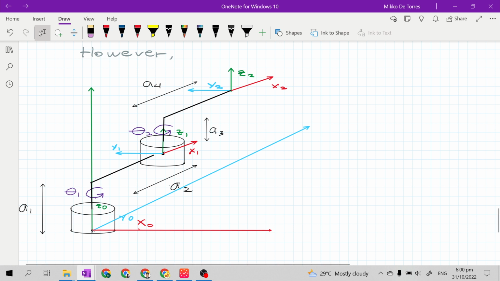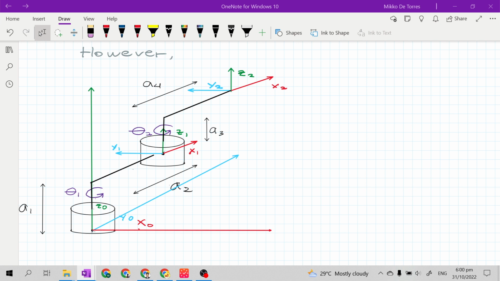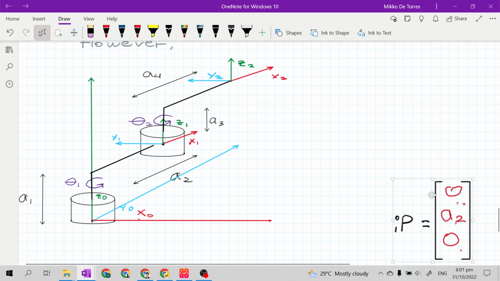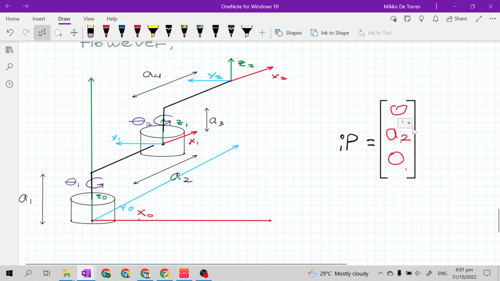Because of this, the position vector will change. So the new position vector is 0, a sub 2, a sub 1. Why? Because it is no more at the front view. We can now measure the distance of frame 1 to frame 0 at the back view.